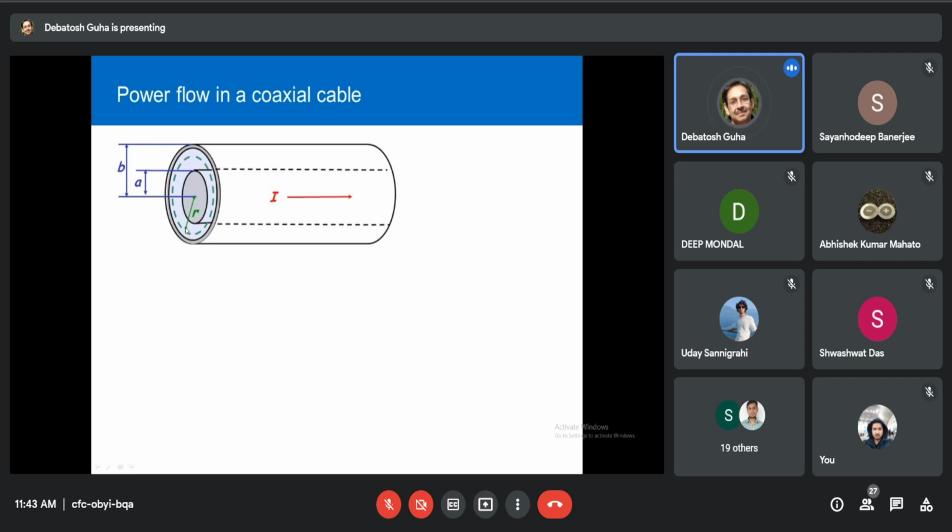It is any intermediate distance r in between the central conductor and outer conductor, A and B. Current is flowing through this, but remember it is the RF current. And the current path through central conductor is forward and the reverse path is the outer conductor. You already know the nature of the electric and magnetic field surrounding this.